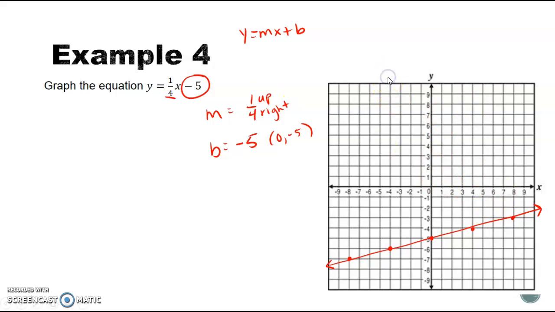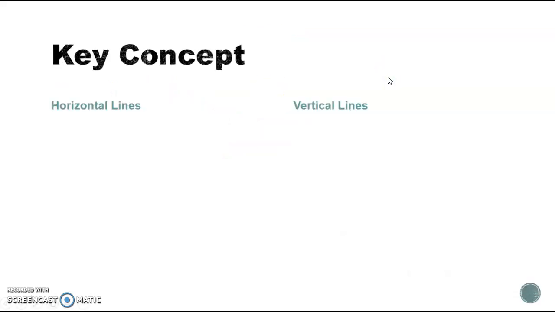Just a couple more things. I want to talk to you about horizontal lines. So when we're graphing lines that go straight across with a 0 slope, so horizontal lines, our slope equals 0.